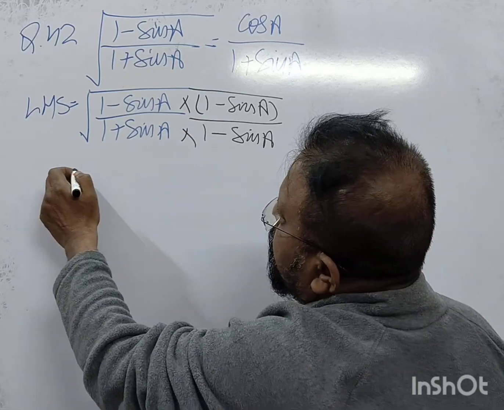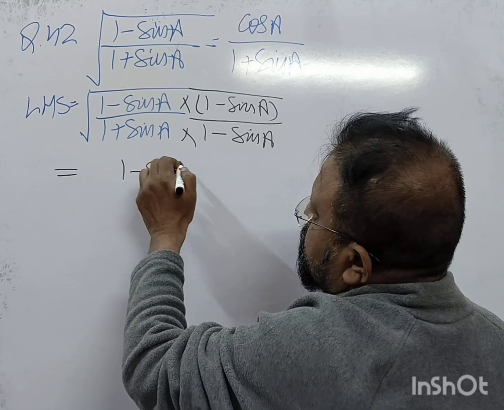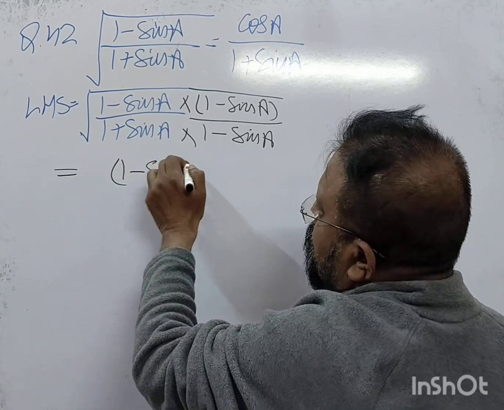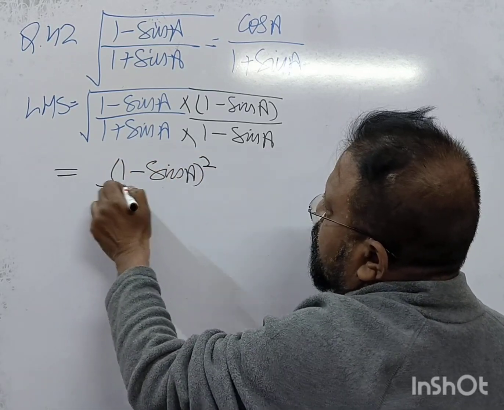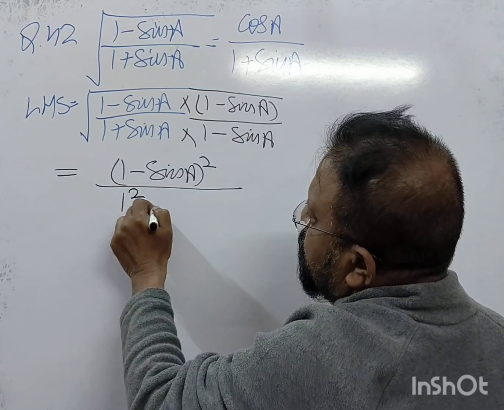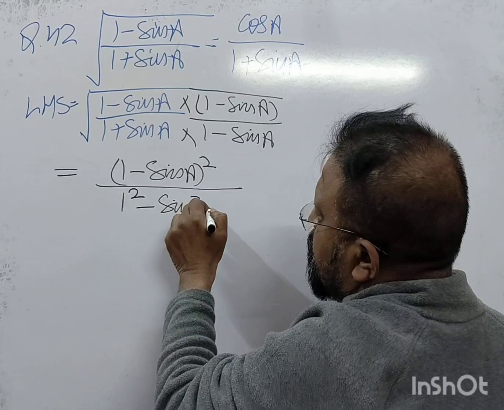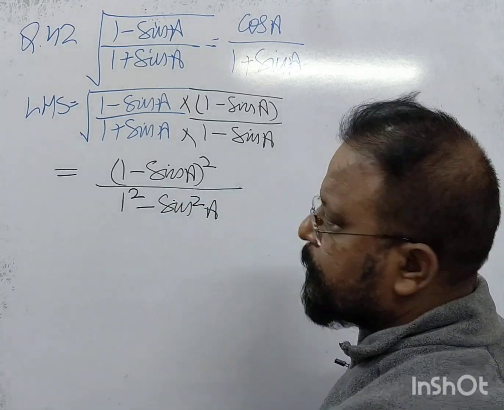So this becomes (1 minus sine A) whole square upon 1 square minus sine square A. Right?